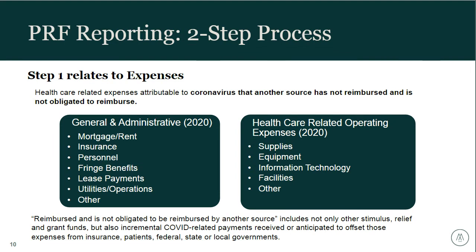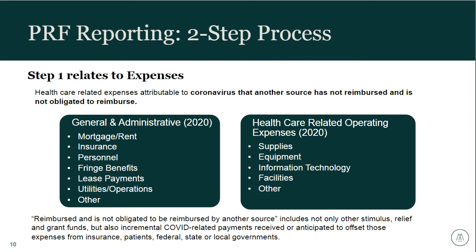But two key pieces that HHS has included on this one-page document are two questions to ask yourself when you're considering if an expense is allowable under these provider relief funds. And it's good terminology to think about this allowable piece because that bridges us over to thinking about the audit requirements that Aparna is going to talk about a little later.